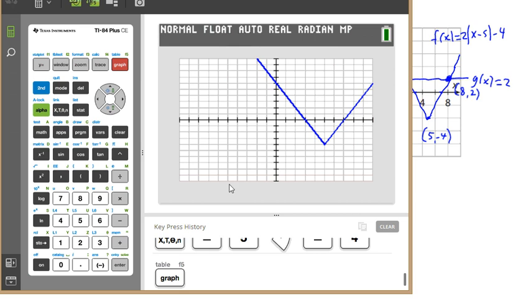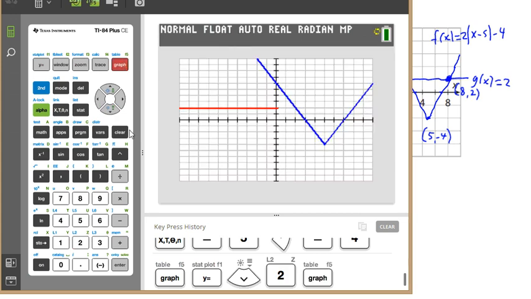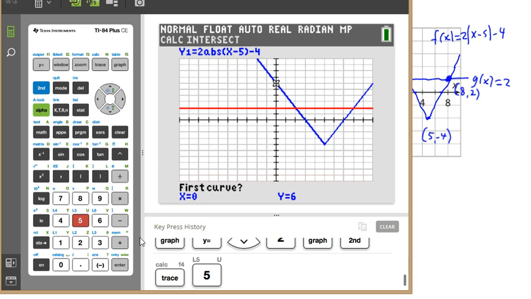Then we graph our second function, which is y equals 2. So we see the intersection points. We can find them by second trace 5, enter, enter, enter, and we get the point (2, 2), just like we had graphing manually.